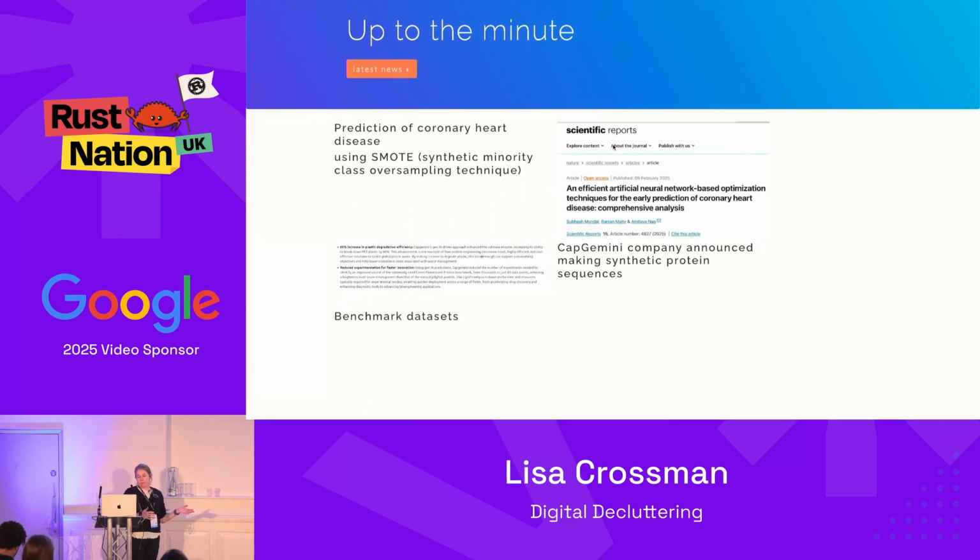So some facts up to the minute. This month, somebody has produced an AI that can predict coronary heart disease, and that uses SMOTE, which is synthetic minority class oversampling technique. And a company called Capgemini announced they're making synthetic protein sequences, and they've improved on an enzyme which can degrade plastics.